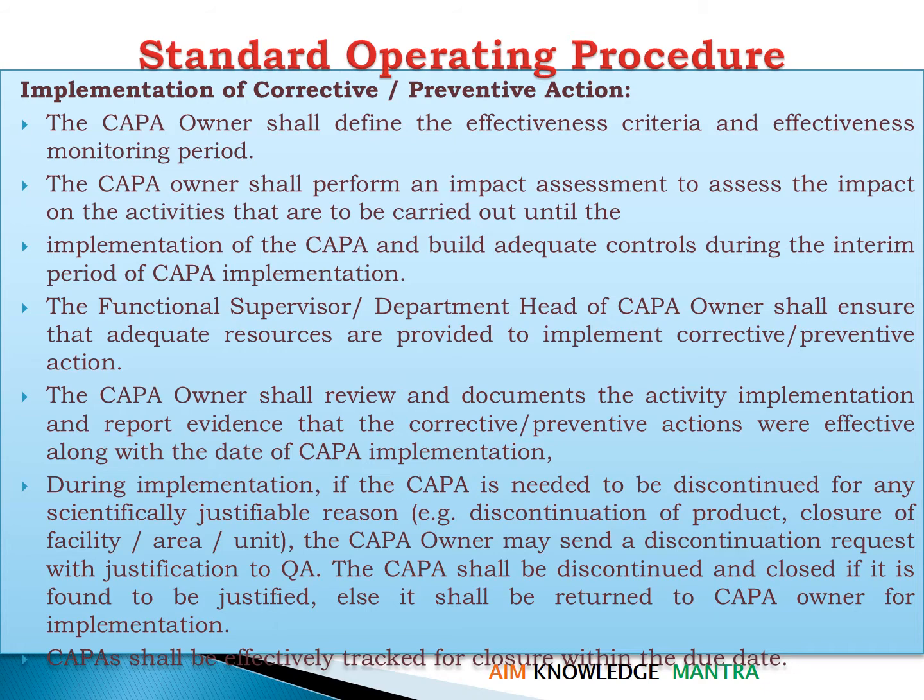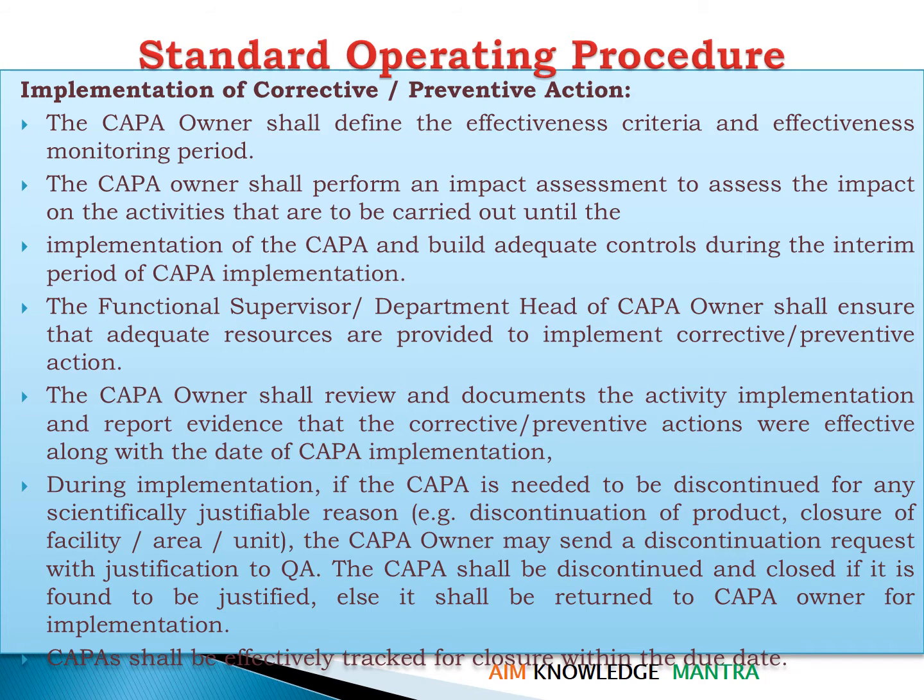The functional supervisor or department head of CAPA owner shall ensure that adequate resources are provided to implement corrective, preventive action. The CAPA owner shall review and document the activity implementation and report evidence that the corrective, preventive actions were effective along with the date of CAPA implementation.